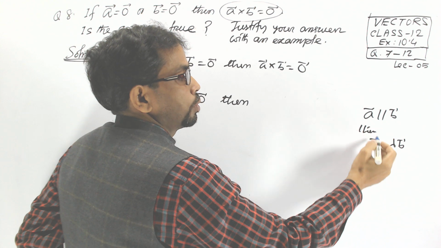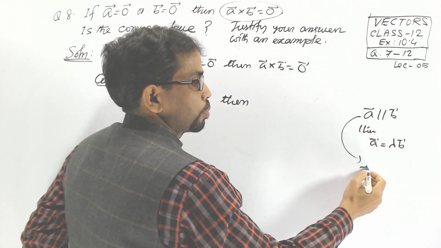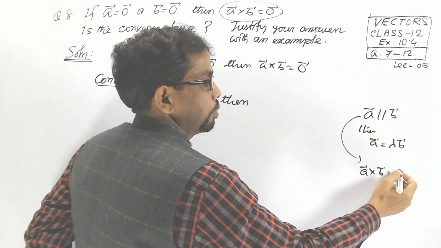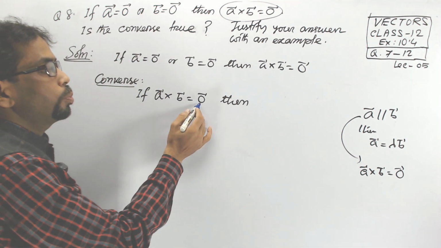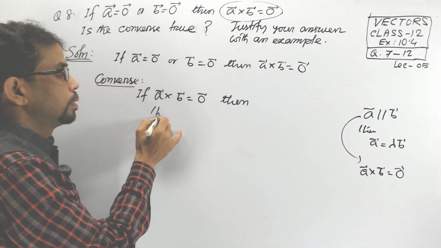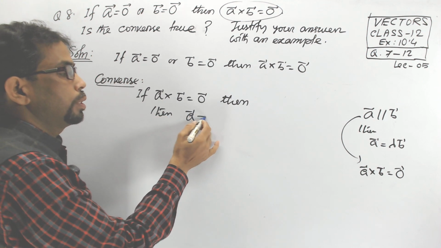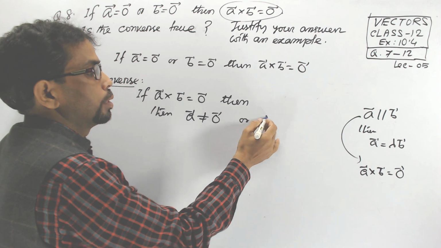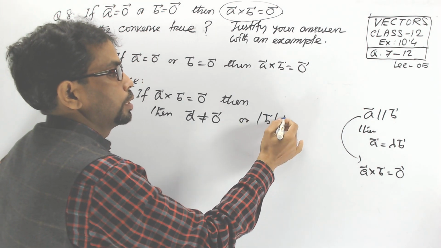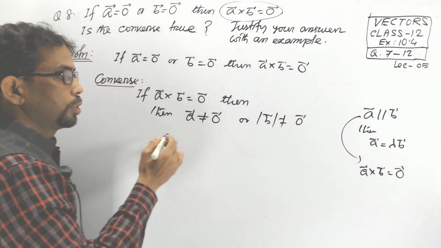Whenever two vectors are parallel, their cross product is a 0 vector. So if the cross product is a 0 vector, it is not necessary that vector A has to be 0, or that vector B should be a 0 vector. I can show with an example.